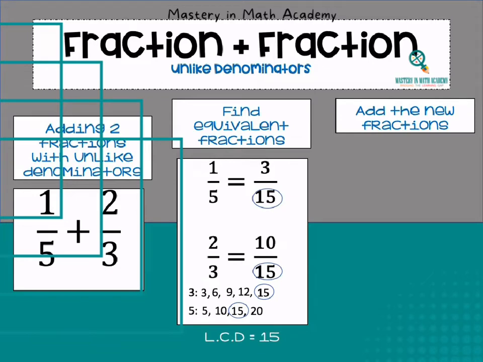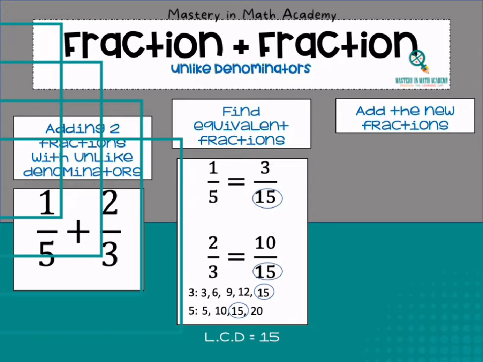You don't need to find your LCD. But that's for another lesson. If your denominators are different and you're adding, subtracting, or dividing, then you know that you need to find your least common denominator and get your denominators to be the same by finding equivalent fractions.